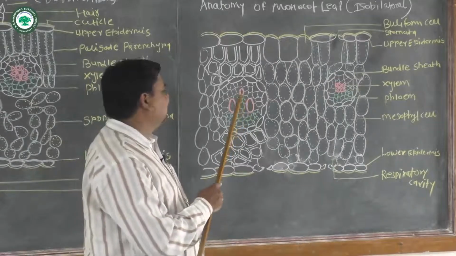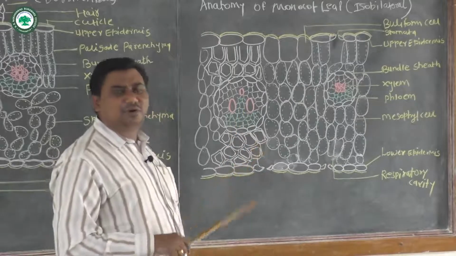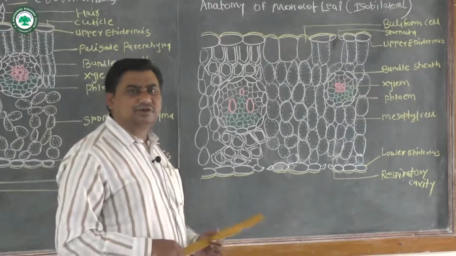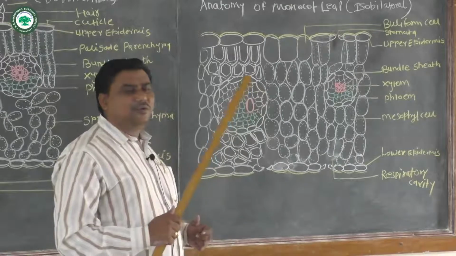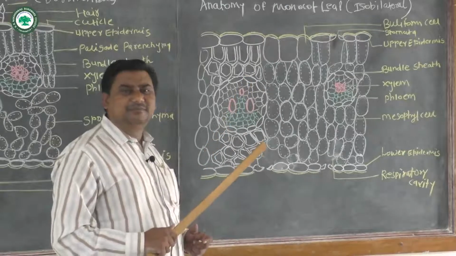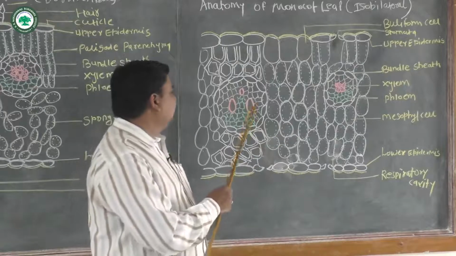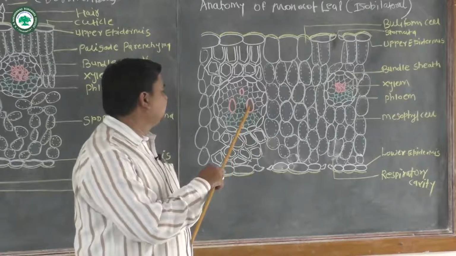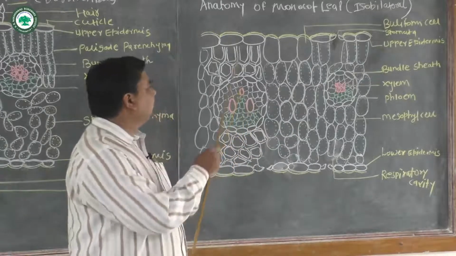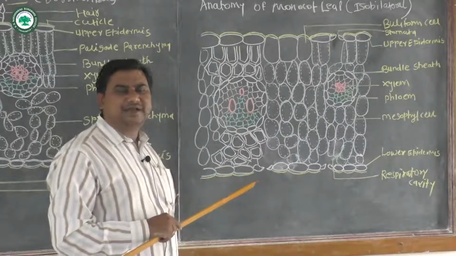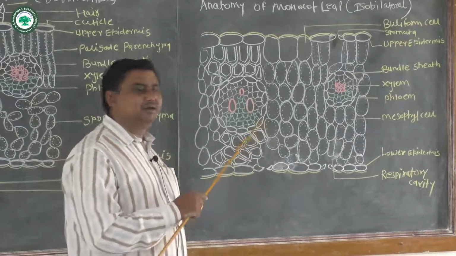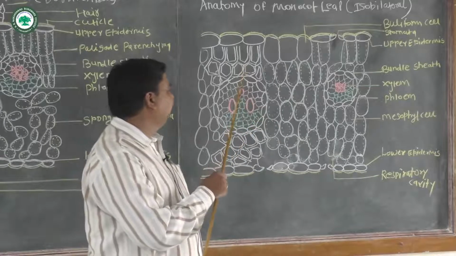Like in the monocot stem, monocot leaves also show the Y-shaped xylem due to the metaxylem. Again the metaxylem is towards the lower side and the protoxylem towards the upper epidermis.